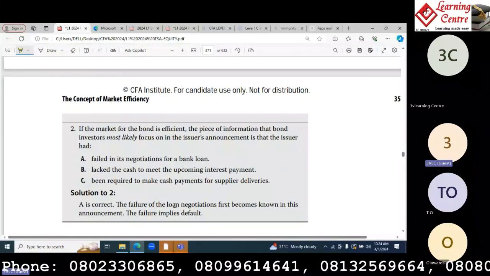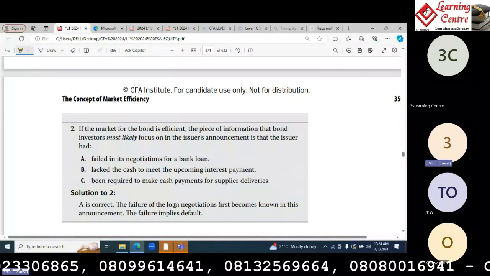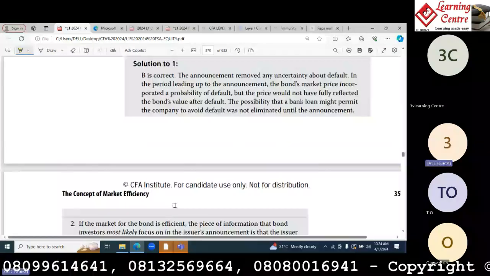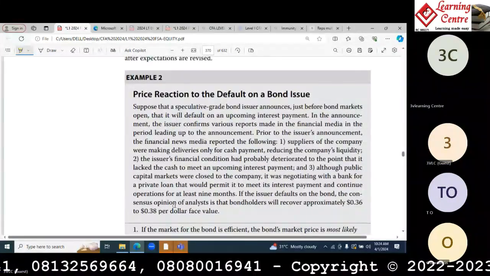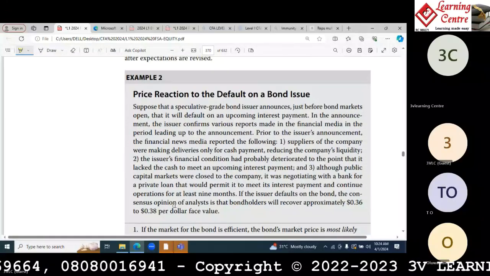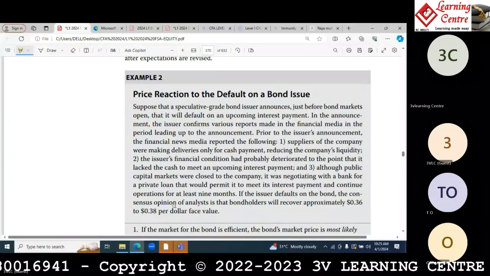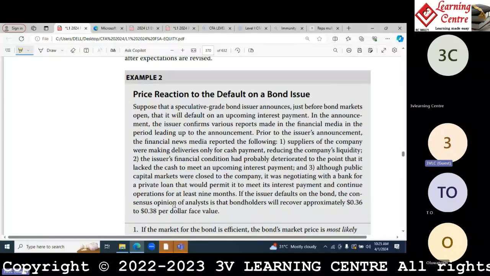The answer is A. The failure of the loan negotiation first becomes known in this announcement. The failure implies default. Let's go back to the question. That it will default on an upcoming interest payment.